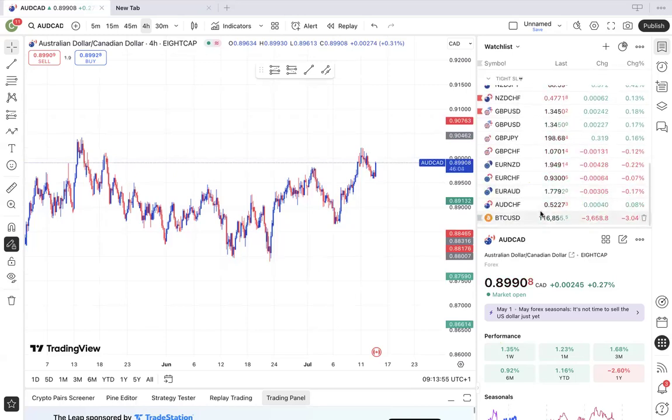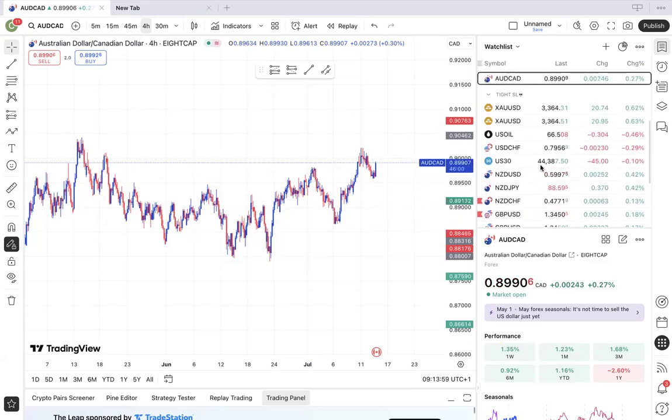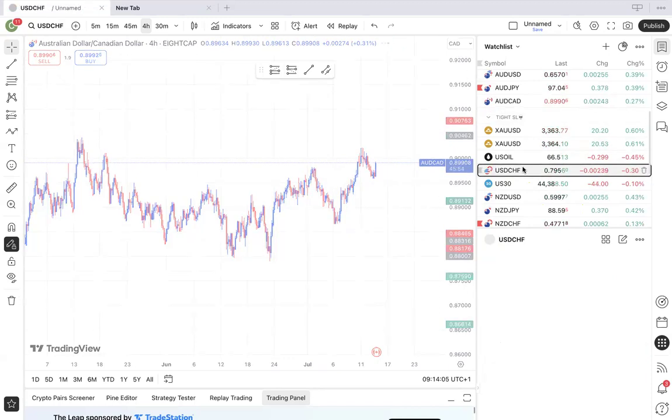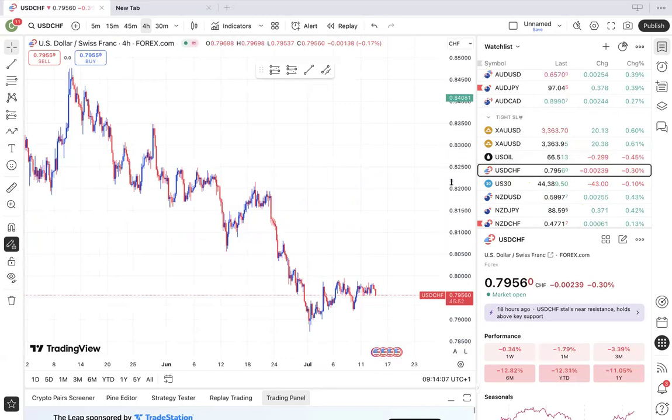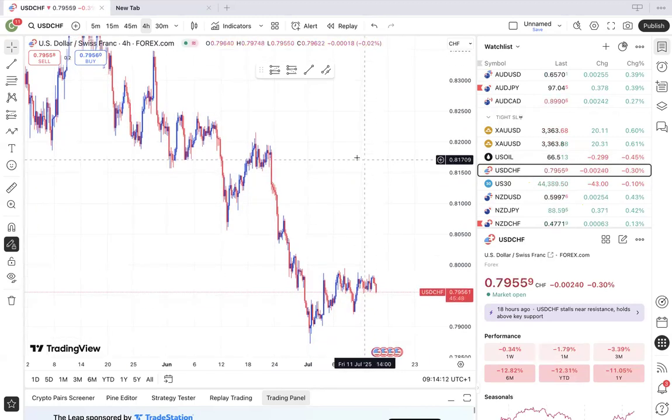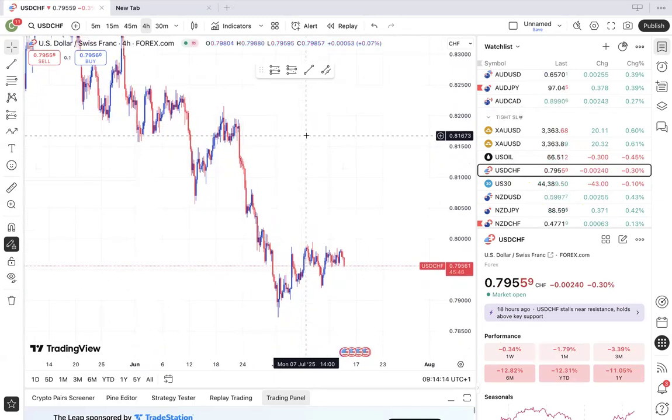The next thing would be USD CHF. Sell opportunities are visible on USD CHF, but marking out an entry for that sell is looking abortive.